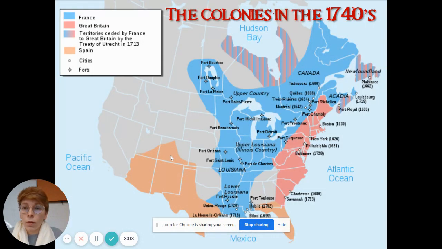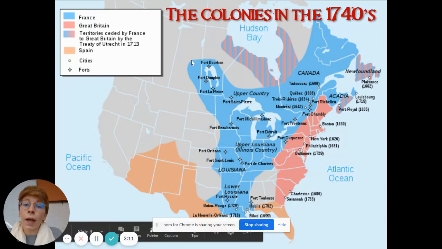Okay. So this is the colonies in the 1740s. Great Britain is over here, and France is this whole huge blue area. So before, we were British, we were French here in Michigan, and same all the way up to Canada.